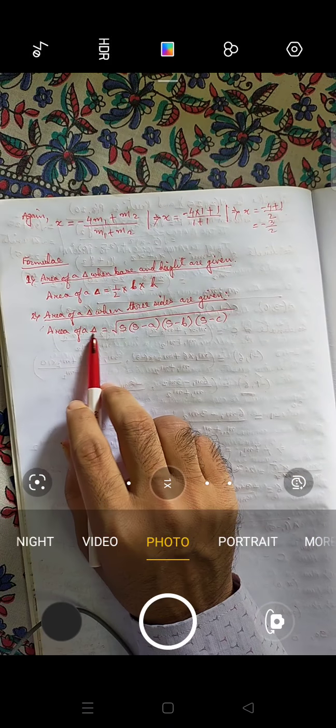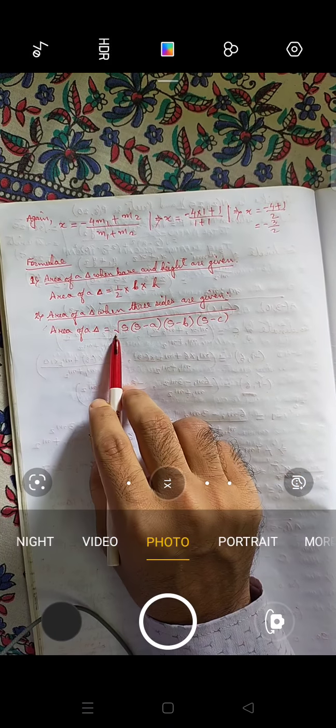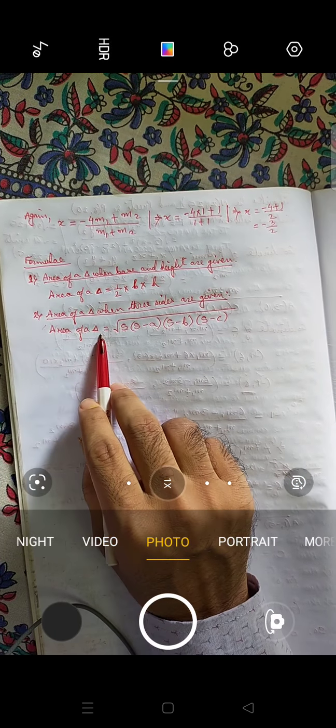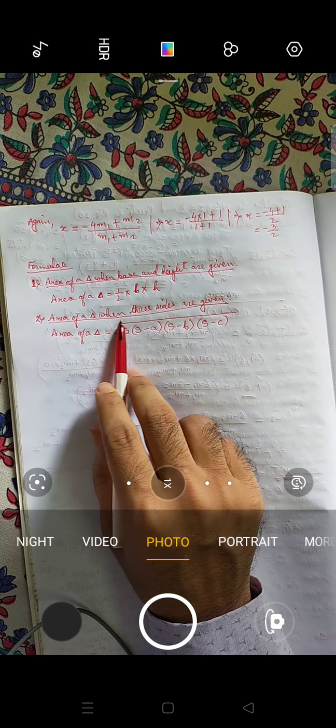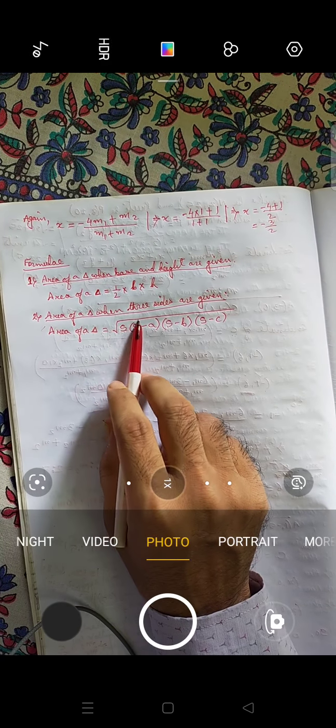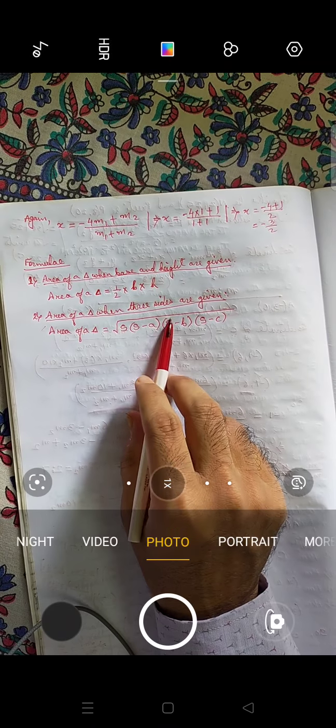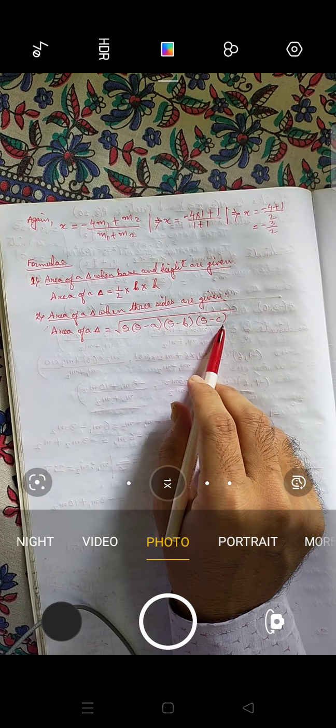When three sides are given, then this formula is used. Area of a triangle equals root over s into s minus a into s minus b into s minus c.